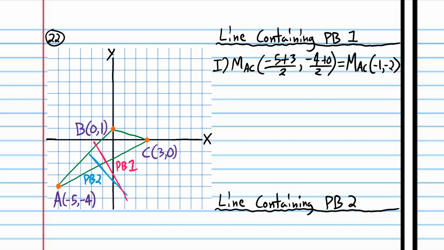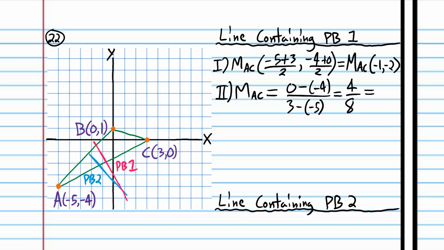All right, now we have to find the slope of AC, because that's going to help us find the slope that we're actually looking for. Using C as a second point, we have 0 minus -4 over 3 minus -5. And that simplifies to 4 over 8, which is 1/2.